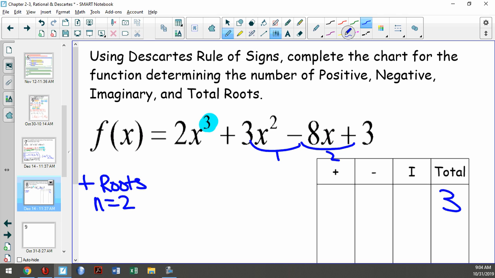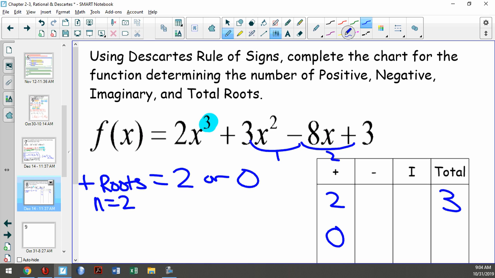Now remember, whenever I did this, I said that you're going to then subtract what? How many units off of it? 2 units. So I can have 2 or what? What's 2 take away 2? 0. So my positive root options are 2 positive roots or 0 positive roots. Do we understand that? Both of them are possibilities. The reason n is 2 is because I found 2 sign changes.